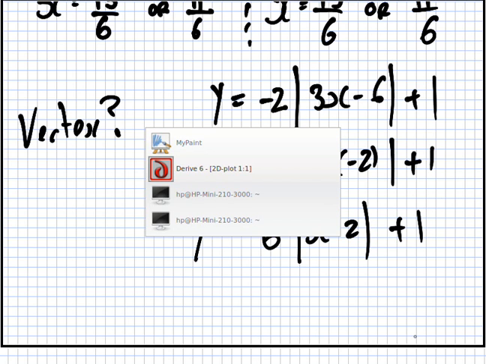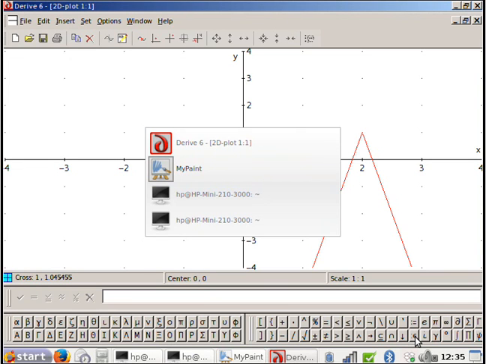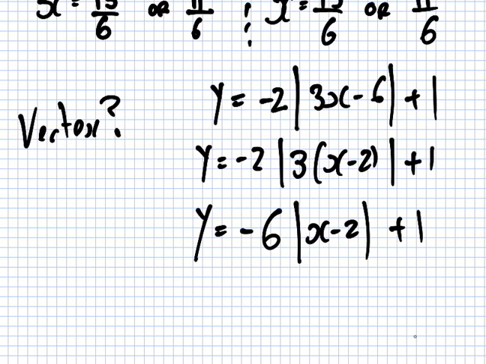Well, in my graph, what is the vertex here? A maximum or a minimum? Maximum. Now, I have two numbers here. The first number, the minus 6 absolute x minus 2, positive or negative? Negative. And plus 1? Positive. Yeah, you see, the first number is negative. So when I put that with the 1, does it get bigger or smaller? It gets smaller.